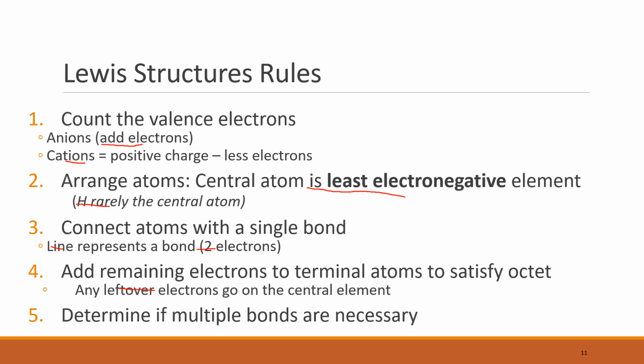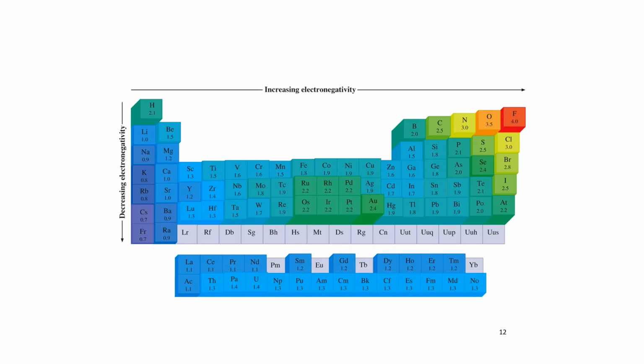Next then is to determine if multiple bonds are necessary. If you are unsure what the central atom is, so for instance, if you think, I'm not sure if the first atom present in the molecular formula is the central atom, feel free to use this electronegativity chart to figure out or confirm that the first atom present is indeed the least electronegative.